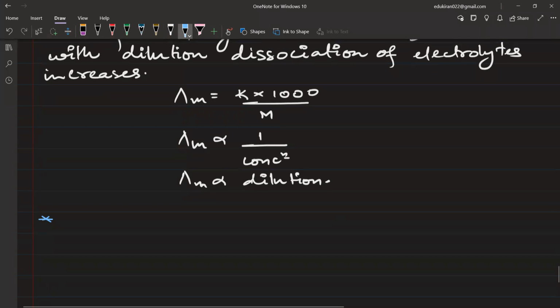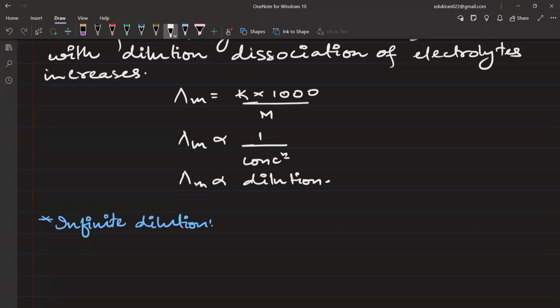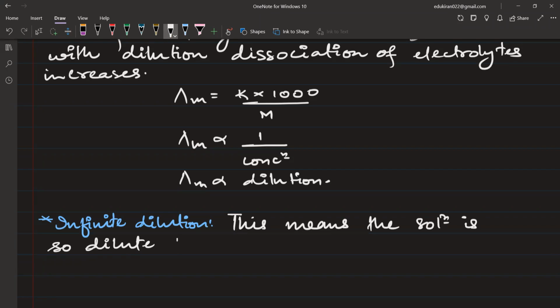Right, next, infinite dilution. This means the solution is so dilute that the molar conductance or molar conductivity attains a maximum value. ठीक है, मतलब हमने इतना डाइल्यूट कर दिया, इतना ज्यादा डाइल्यूट कर दिया that it has attained the maximum value. यानी कि वो लिमिट है मोलर कंडक्टिविटी की, उससे ज्यादा मोलर कंडक्टिविटी हो नहीं सकती है. राइट, दैट इज द limit of molar conductivity.